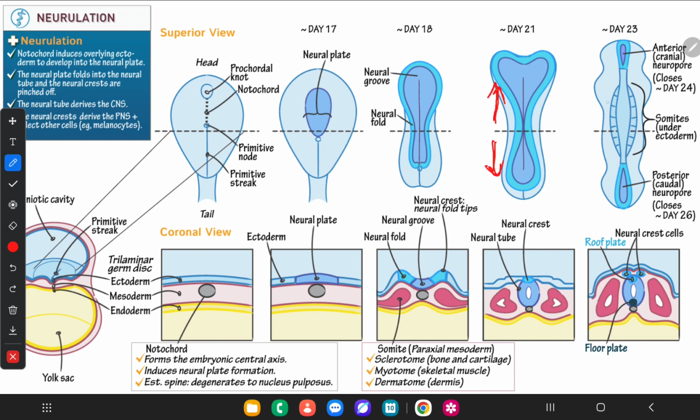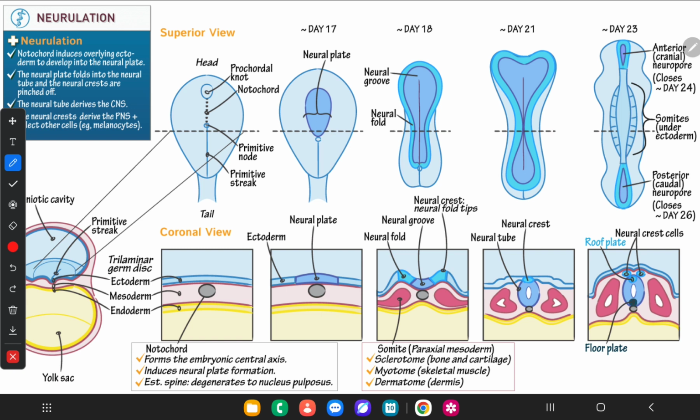Here you can see most of the area has been fused and a small area is remaining. This remaining area is called the anterior or cranial neuropore. In the caudal direction you have the posterior or caudal neuropore, which communicates with the amniotic cavity, because still they have not closed together or fused together.